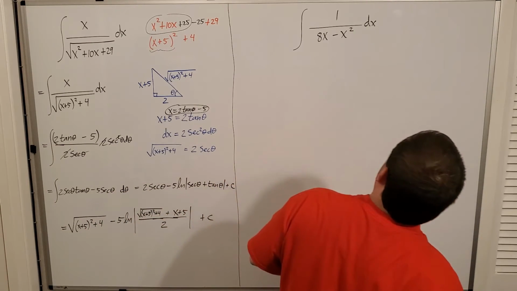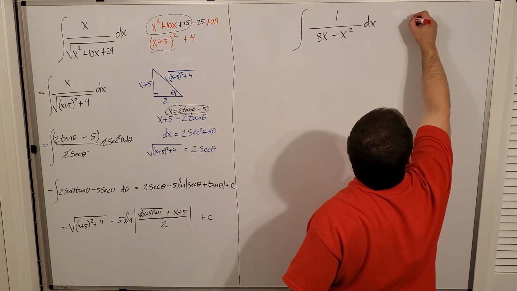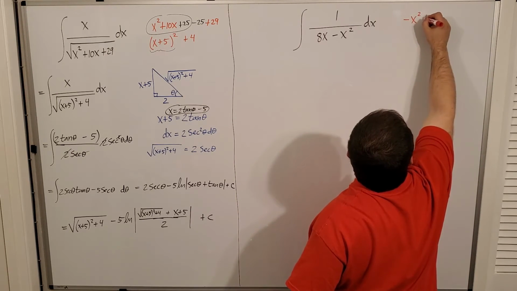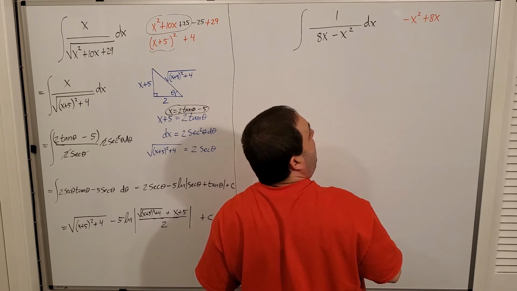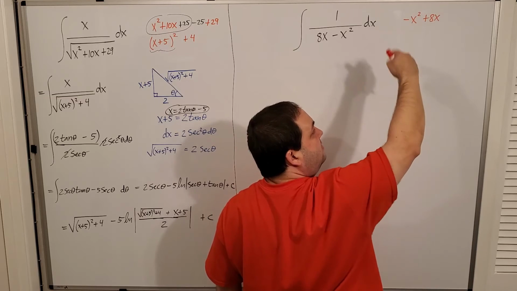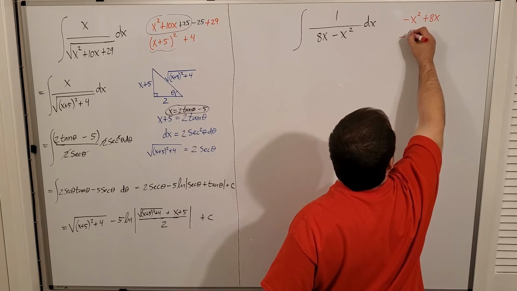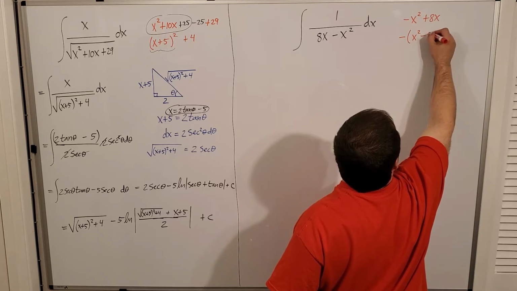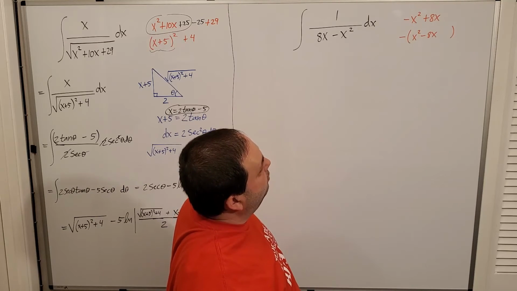I take the 8x minus x squared, and I'm going to write it as negative x squared plus 8x. To complete the square, you always want x squared to have a simple 1 coefficient. So I'm going to start by factoring out the negative, which is going to give me this. Notice I left a little blank there.